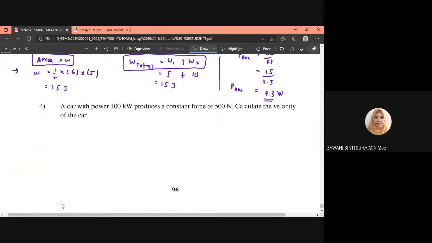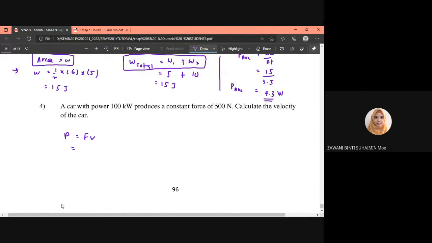Last kali, a car with a power 100 kilowatt produce a constant force 500 Newton. Calculate the velocity of the car. Equation tadi P pun kita ada F darab V. Force dah diberi iaitu 500 Newton.